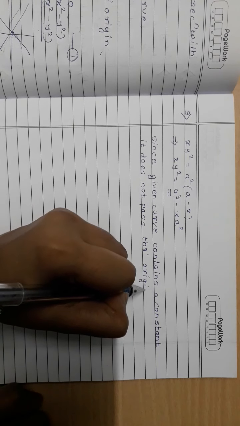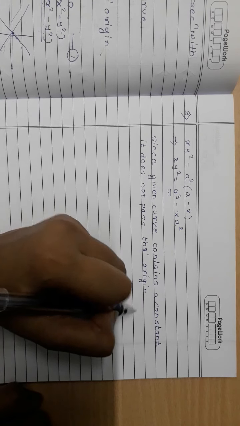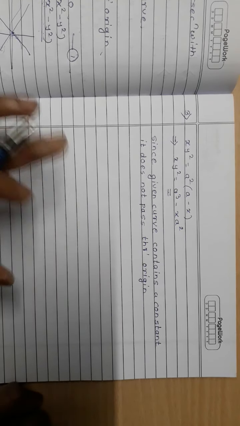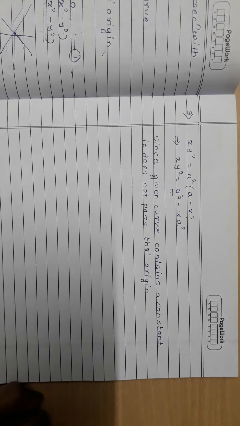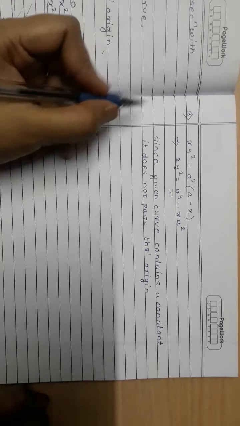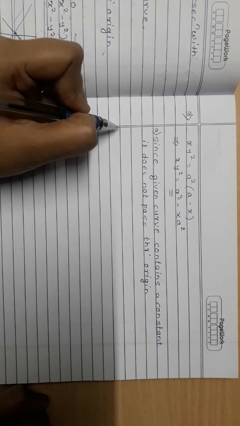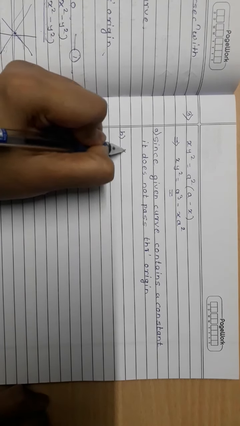Since origin is not on the given curve, so there is no point of finding tangent, right? Origin is not there, so tangent is not there. So directly go with intersection with x-axis and y-axis, right? This is the E part, and directly go to third step, that is finding intersection with x-axis and y-axis.